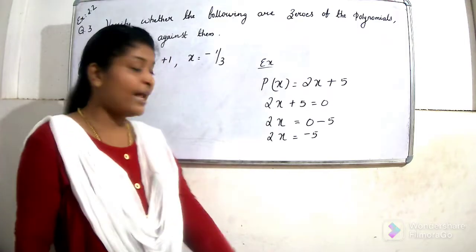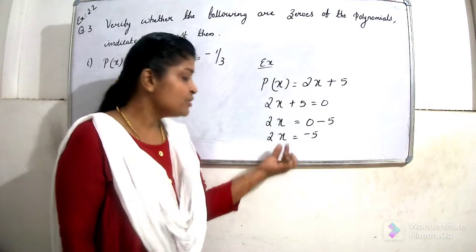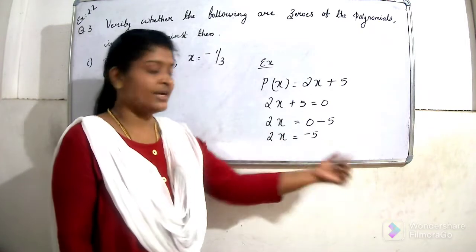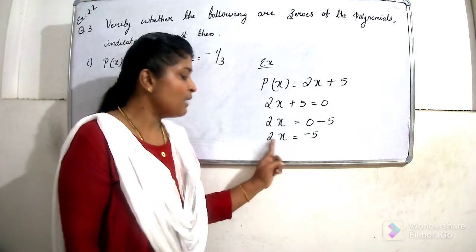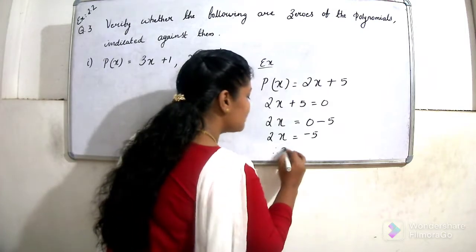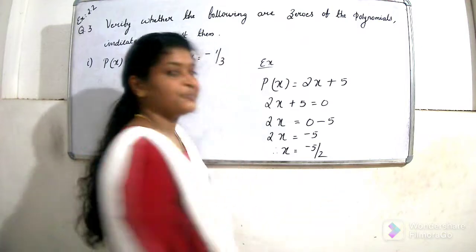Now we need the value not for 2x but for x alone. So make x alone and shift this 2 to the other side. Here 2 is in multiplication, and the opposite of multiplication is division. Therefore x is equal to negative 5 by 2.